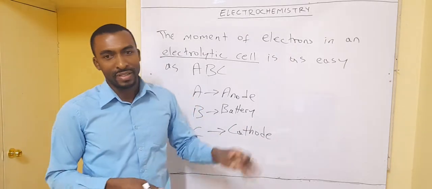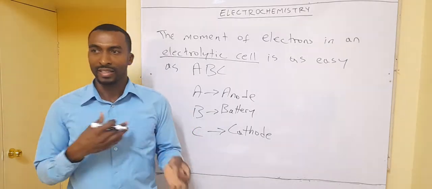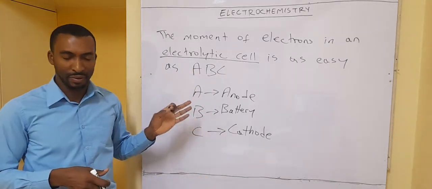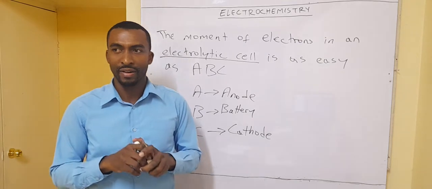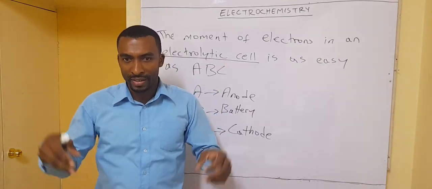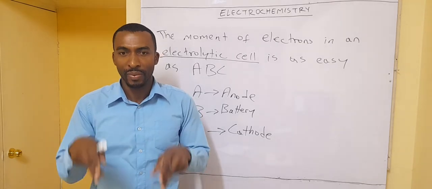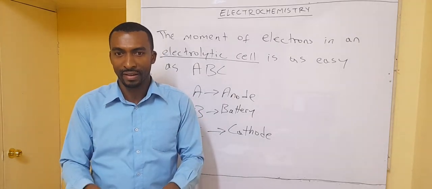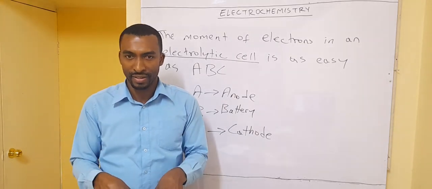There's a slight difference between an electrochemical cell and an electrolytic cell, but at this level, it's strictly the electrolytic cell we're going to use. So you're going to have a battery connected by two wires to two electrodes, and we're going to place them into an ionic solution or a molten solution.